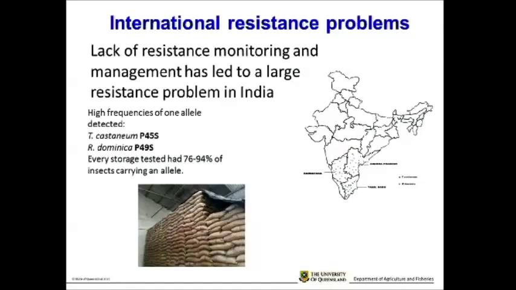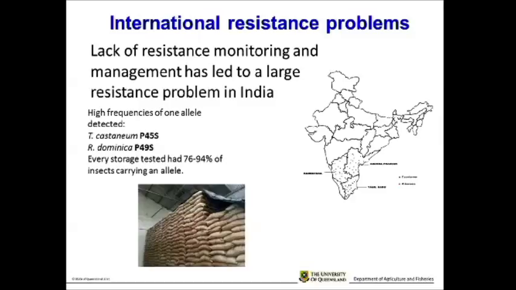We've taken our genetic information to collaborators in India, and they've never monitored for phosphine resistance. They've only just started becoming interested in it because they're having lots of fumigation failures and difficulty. They have a much different system: they fumigate in bag stacks.